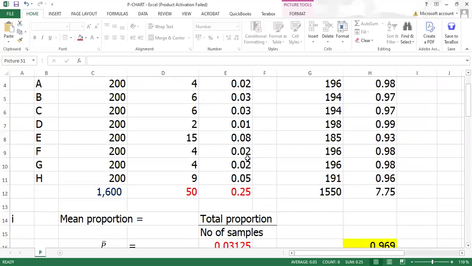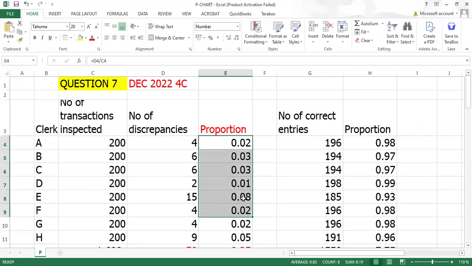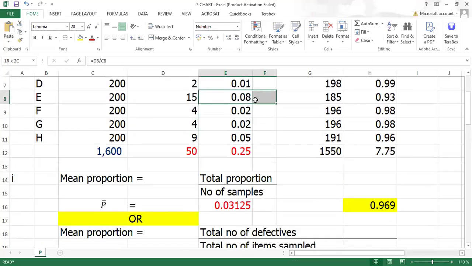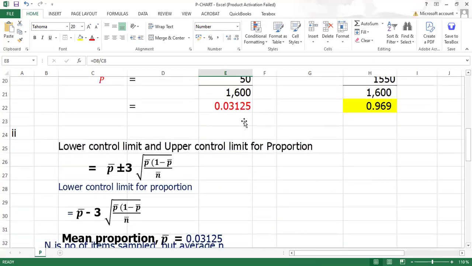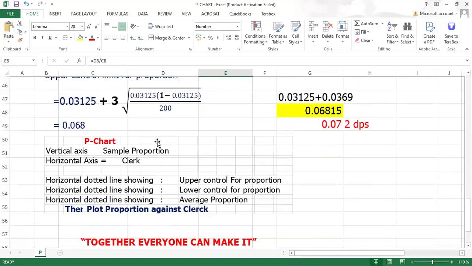The scale must help you get the highest value, which is 0.08, sorry. That is the highest value, because the upper control limit is actually 0.07 if you round off to 2 decimal points.